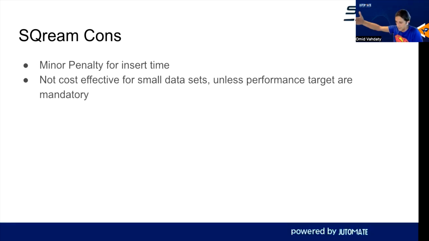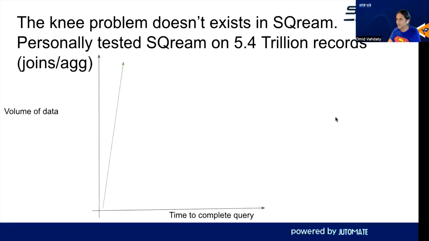For example, raw data sets, and then you need to enable ad hoc exploration for end users. So imagine raw data connected to a BI solution, and the end user asks a very crazy ad hoc query, which ends up requiring very expensive infrastructure unless you're using a very powerful solution such as SQream.